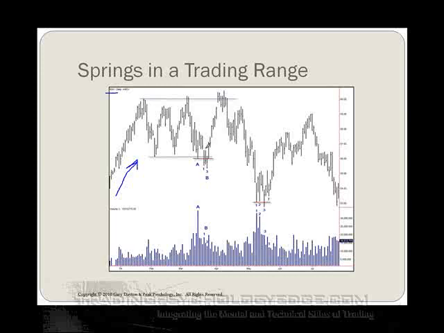Bar 2, same thing, lesser volume. And then we dip down, and we come back up on bar 3, and then later on we spring. But look, the volume has receded here on bar 3, and then we come back up and go into the trading range, okay?